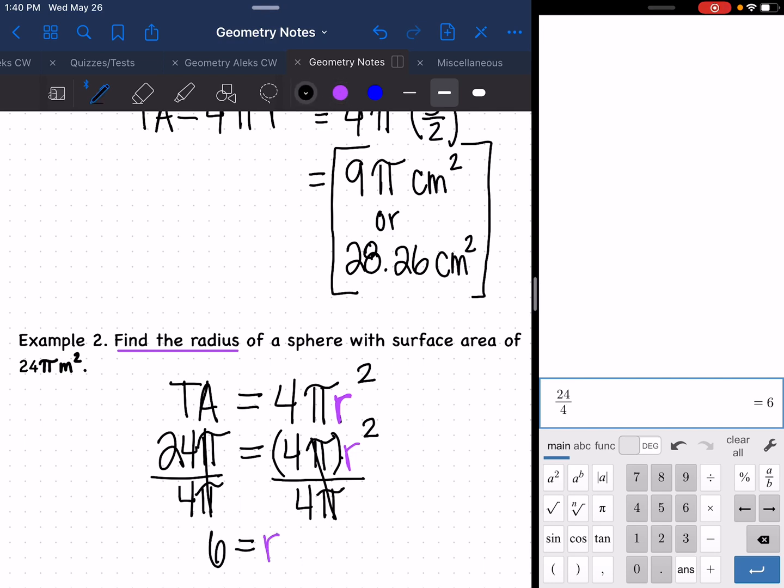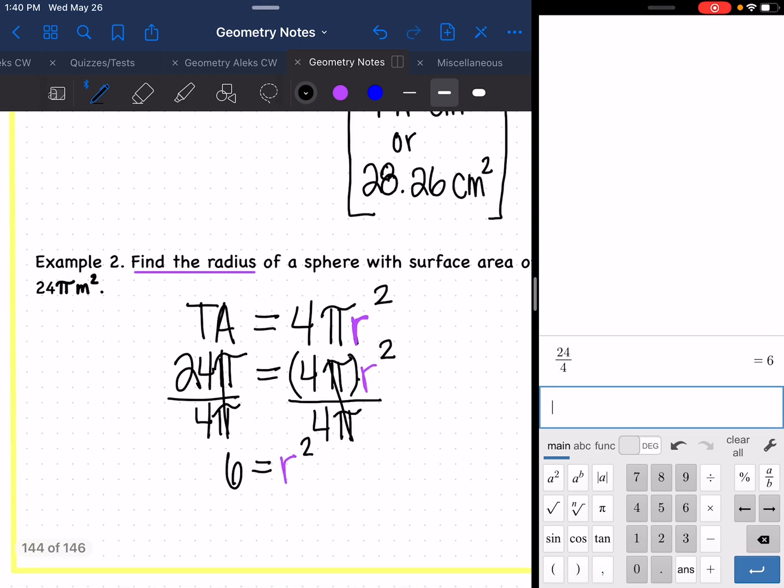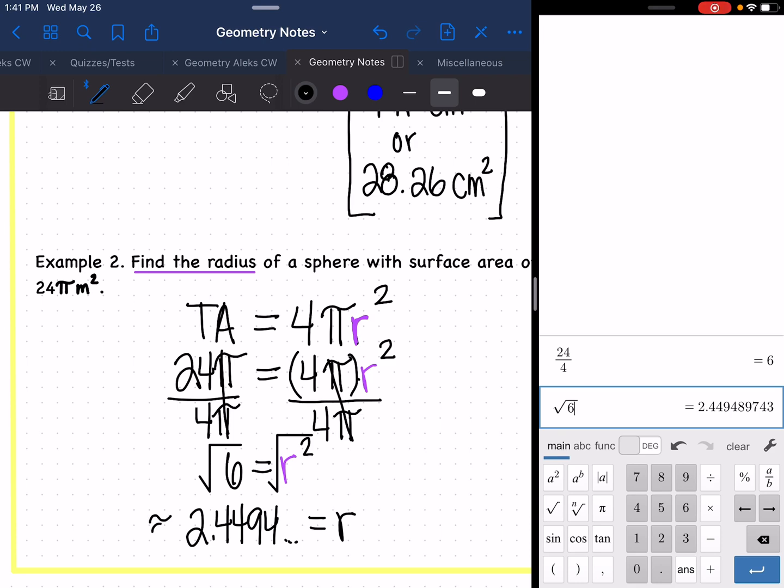But my radius is squared, so I'm going to have to take the square root of 6, because that's going to get rid of the square and give me my final answer. Now, you could leave this as the square root of 6. More than likely, you'd be asked to round the 2.4494. That's probably more than enough that it's going to ask you to round. Let's say 2.45 centimeters.